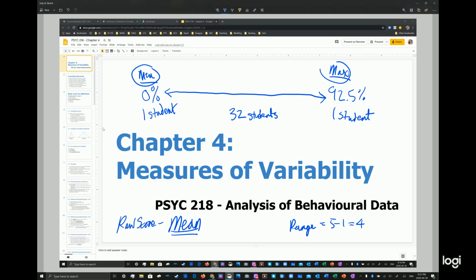So this is going to be the foundation of our measure of variability. And so this chapter is going to talk about this. And this would be a short intro of why we measure variability in distributions.